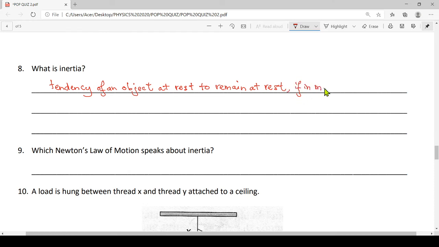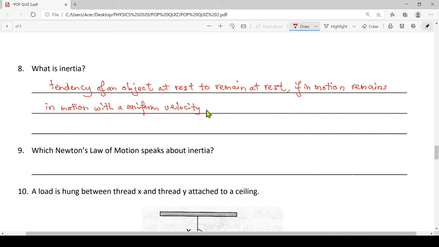If in motion, remains in motion with a uniform velocity.